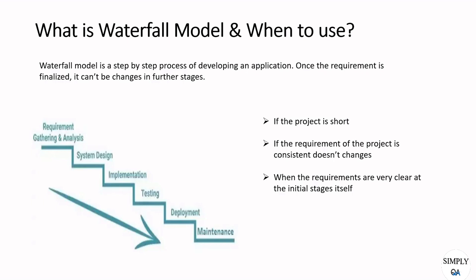And also, the requirement should not change constantly. That is, once you are very clear about the requirement of the application, what you want, then we can go to the waterfall model. Or if you're unclear about the requirements or you will be adding some more features to your requirements, then the waterfall model is not applicable.